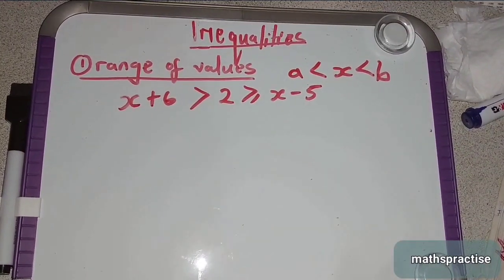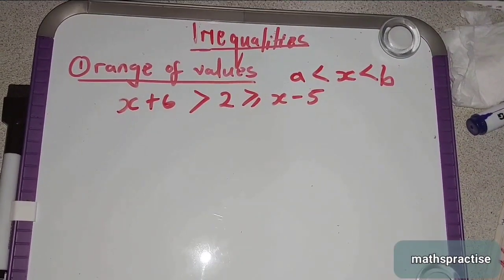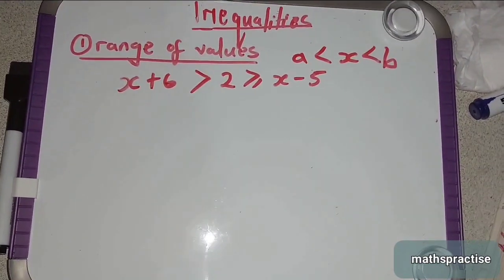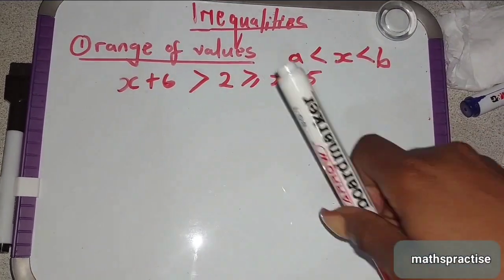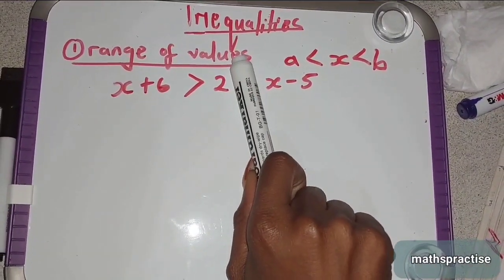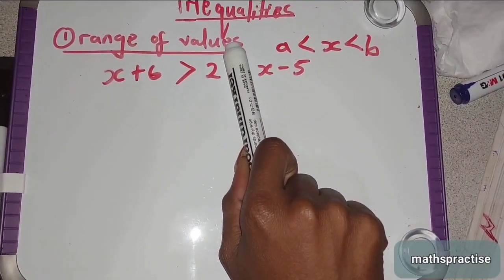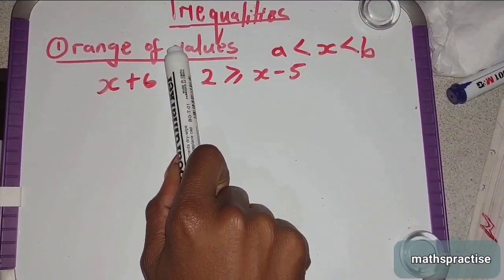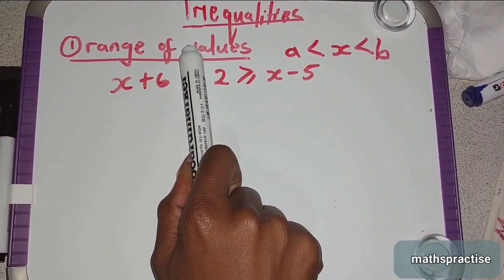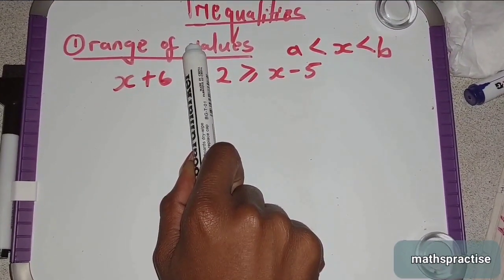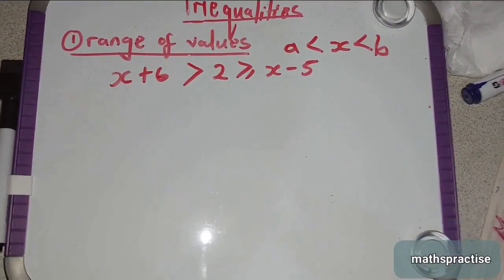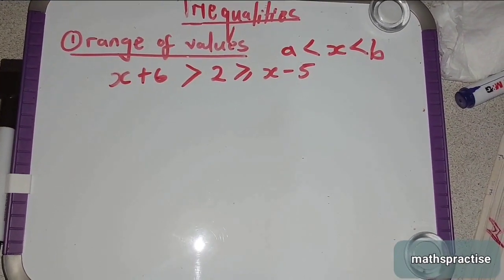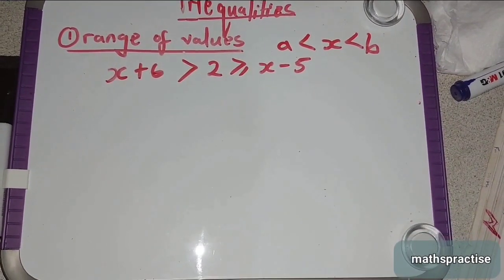So what are the two inequalities that we have from that example? We have the first one, where x plus 6 is greater than 2. Then the second one is 2 is greater than or equal to x minus 5, right? So how do we find the range of values? How do you simplify this?